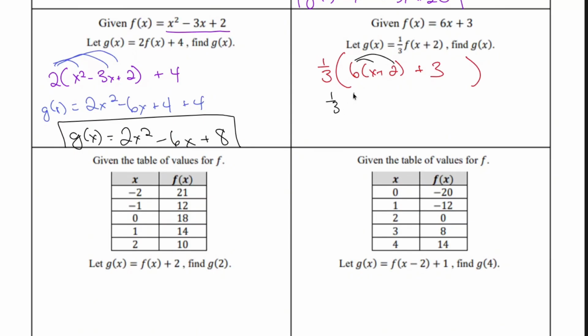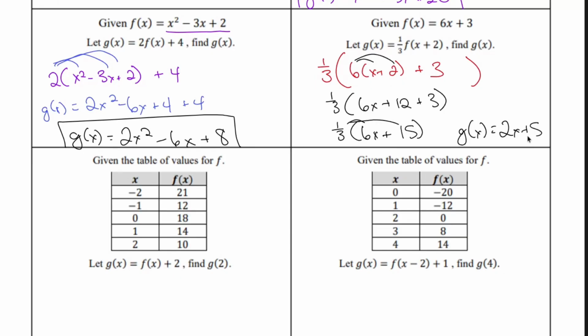So 1/3 drops down. You get 6x plus 12, plus 3, which is 1/3 of 6x plus 15. At the end of the day, g of x is 1/3 of 6x, which is 2x, and 1/3 of 15, which is 5.